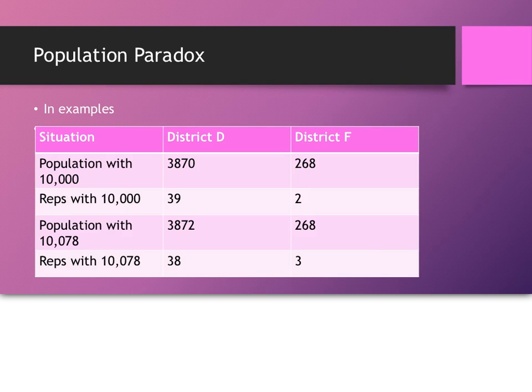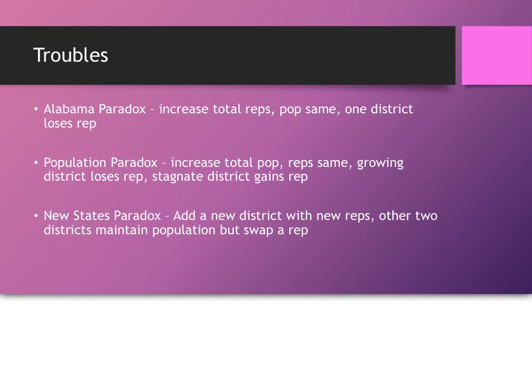And by the way, we saw this happen. Again, it's a little bit troubling. We saw the Alabama paradox, but there's one other paradox which we'll get to right now. So we said that the Alabama paradox is basically when you increase the total number of representatives and we keep the populations the exact same for all the districts, but one district loses a representative.